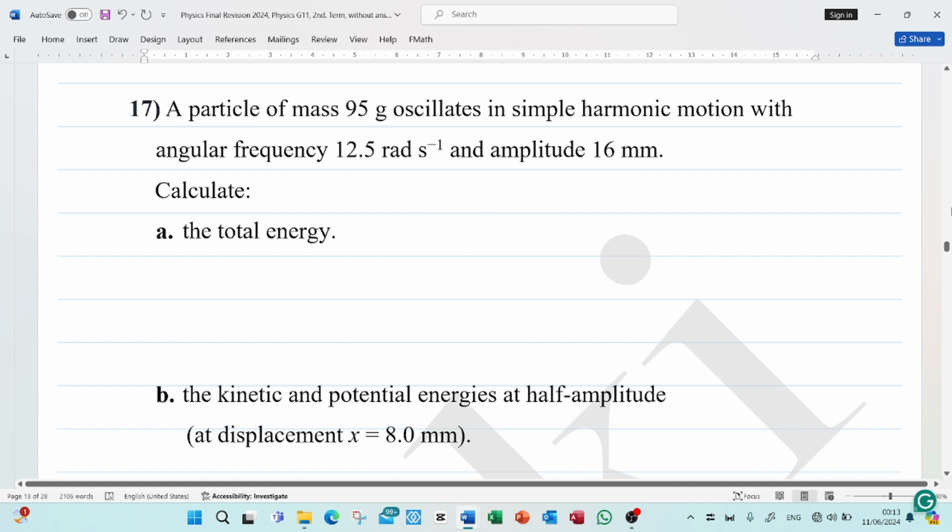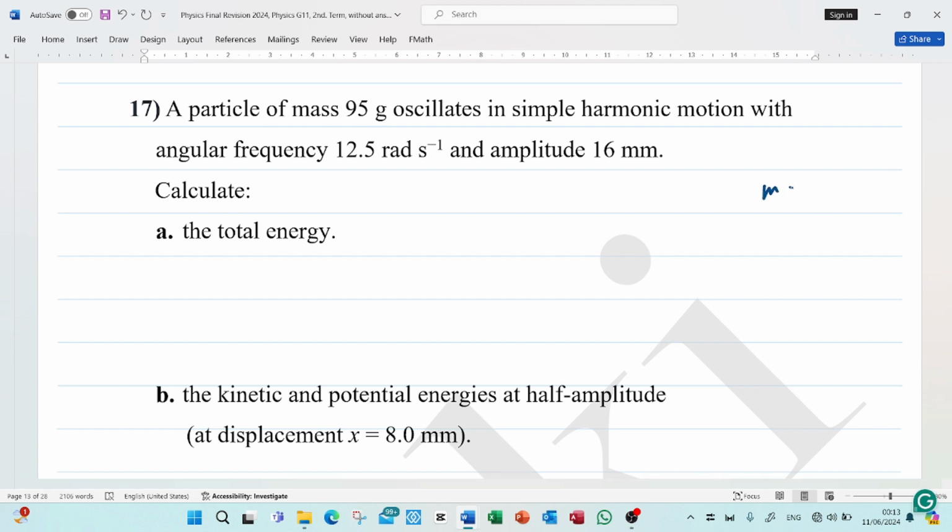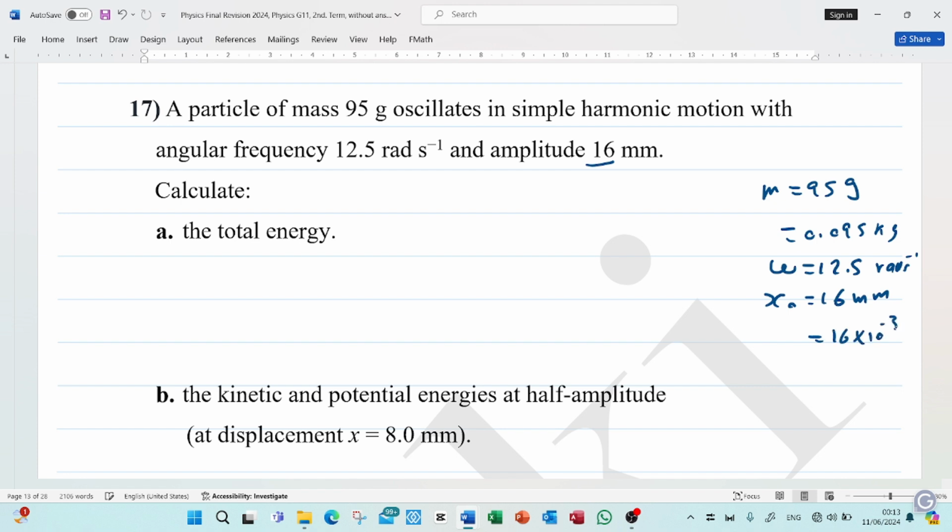A particle of mass m equals 95 gram, we convert it to kilogram by dividing by 1000, so it is 0.095 kilogram, oscillates in simple harmonic motion with angular frequency omega of 12.5 radian per second and amplitude x naught equals 16 millimeter. We convert to meter, so it is 16 multiplied by 10 to the power negative 3 meters. So this is x naught. Calculate the total energy.